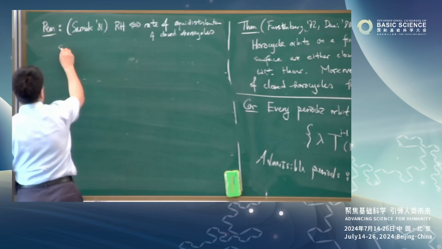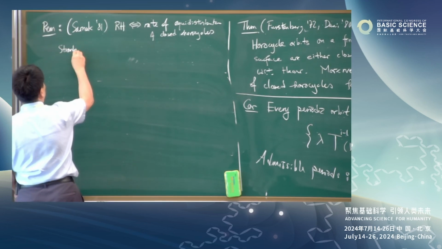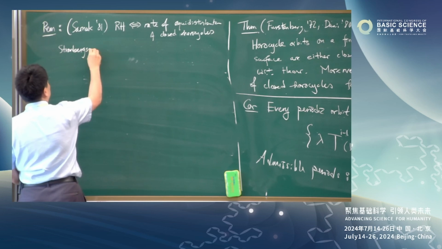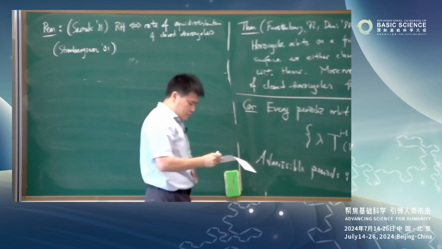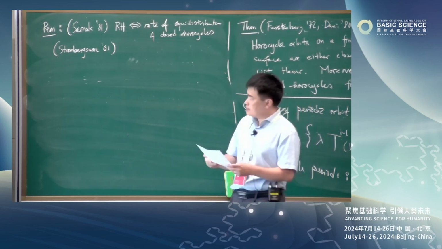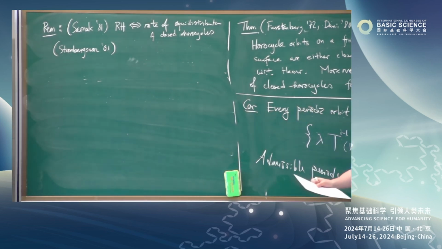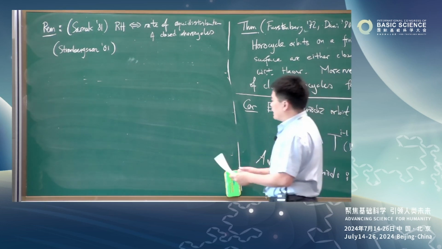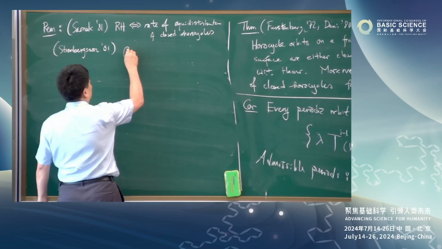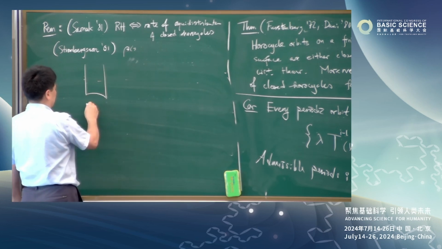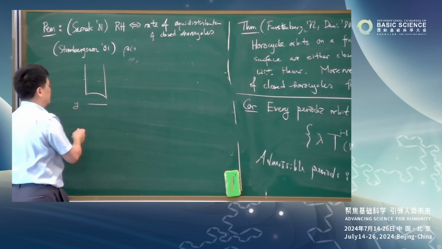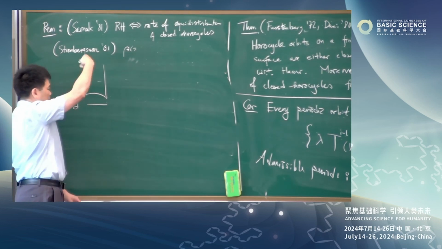Another important relevant result is in the thesis of Andreas Strombergsson, which says that actually, if you take a closed horocycle, the standard notation for this is, here's the modular surface, and a horocycle at height y could be less than 1, but it's kind of wrapping around.